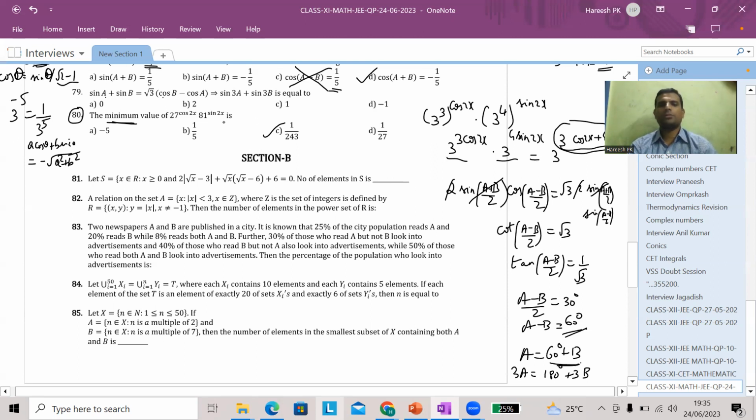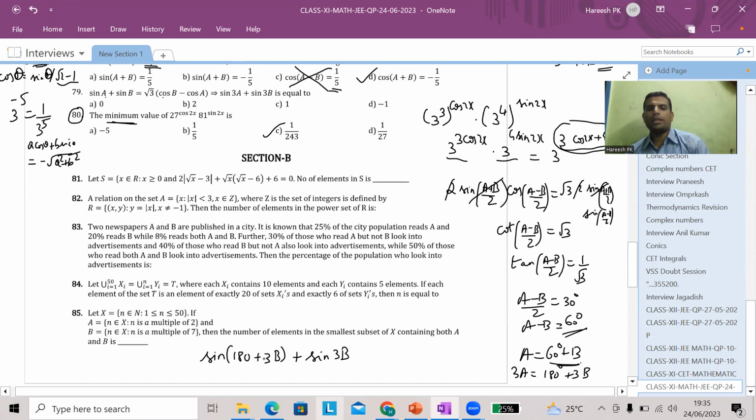So now, instead of sine 3A, I'll write sine of 180 plus 3B. And sine 3B, I will keep it as it is.